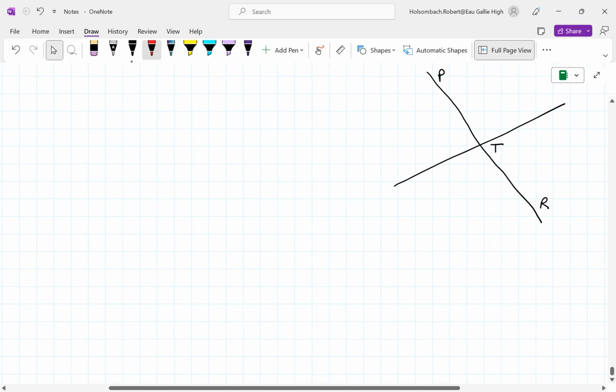P, T, R, point Q, point S. Got a ray coming out of T down here. Got an angle that measures 2x degrees and an angle that measures 5x plus 6 degrees. And a 4y minus 2.